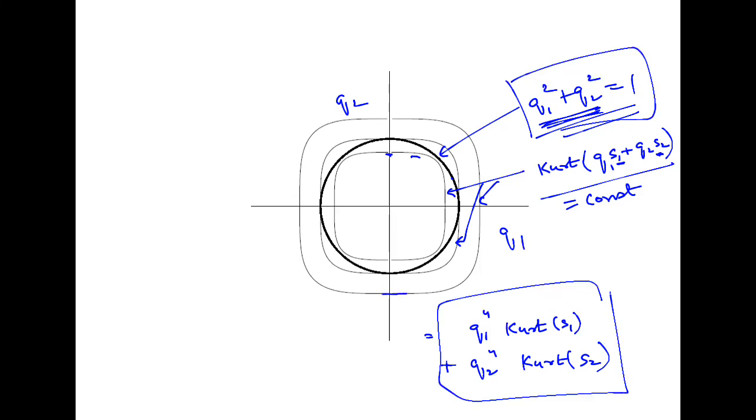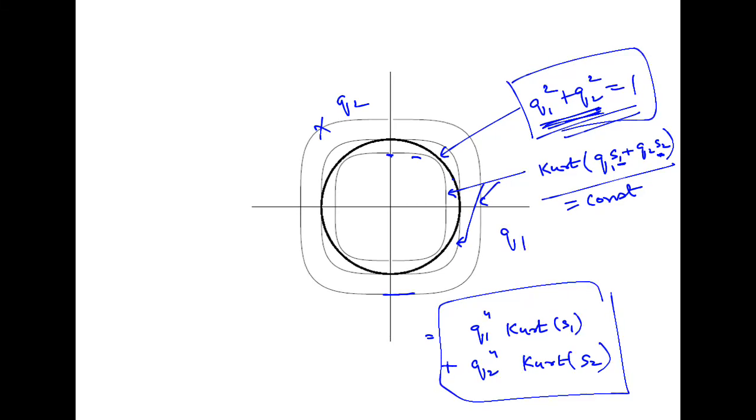If I make the square too big, then all the points in my square will have different values of Q1 and Q2, but they're all bigger than 1. So this square is ruled out. The maximum value of kurtosis I will get is when this square is circumscribing the circle.